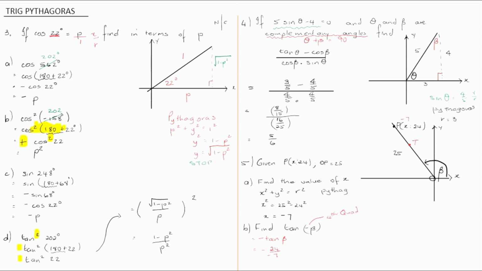It is such an important question. C is going to be sine of beta. So sine of beta is just going to be opposite, which is y, on your hypotenuse. So it's going to be 24 on 25.